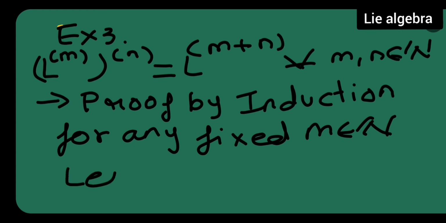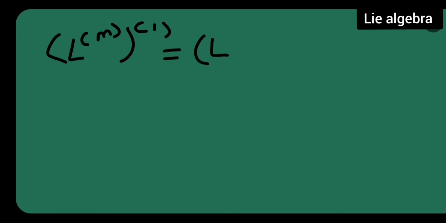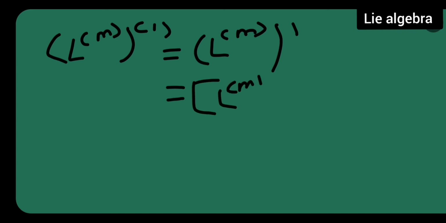So put n equal to 1. I want you all to try this, but I am solving it here for you. L raised to power of m, this raised to power of 1, is nothing but the Lie bracket of L raised to power of m, L raised to power of m.